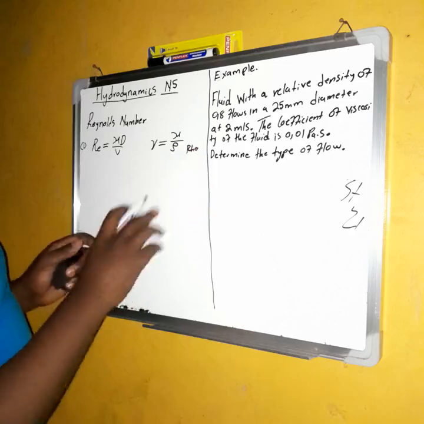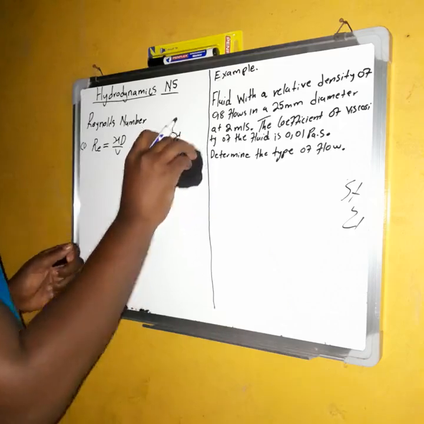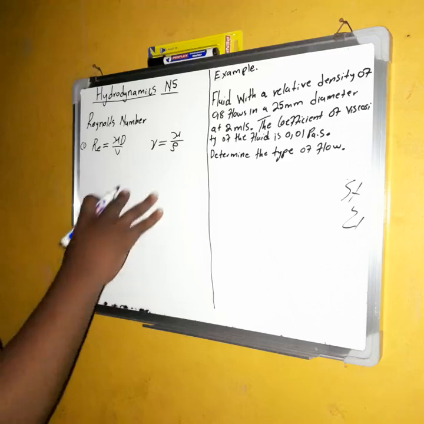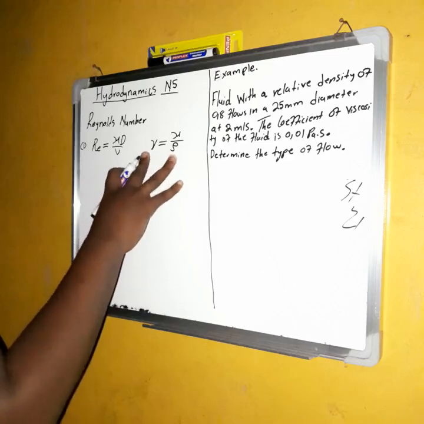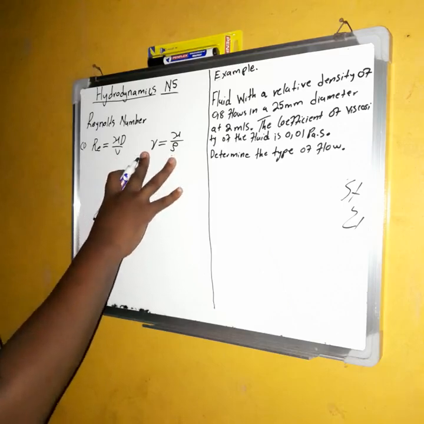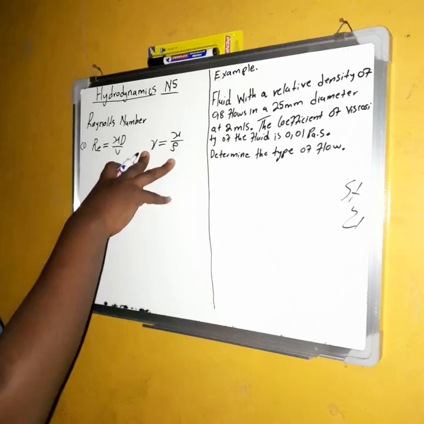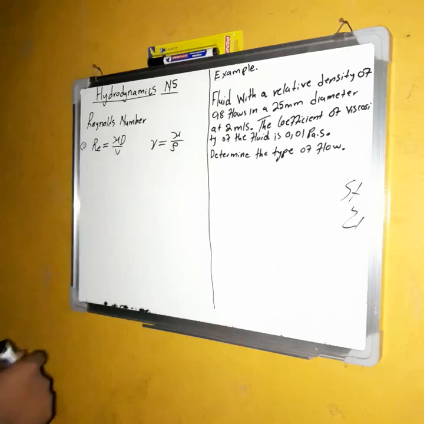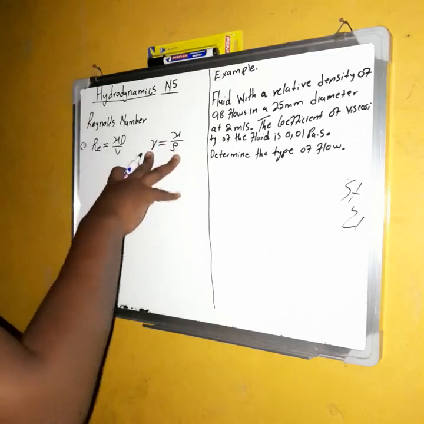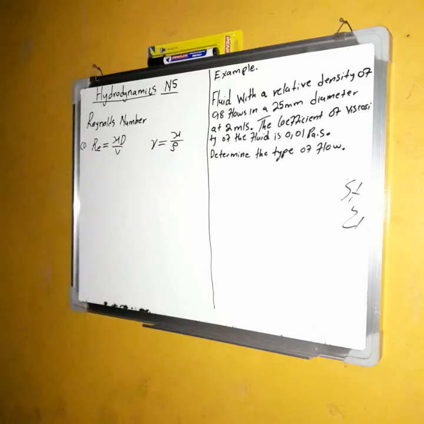It's one and the same thing, density and rho. We divide this by the density, and this is the kinematic viscosity.